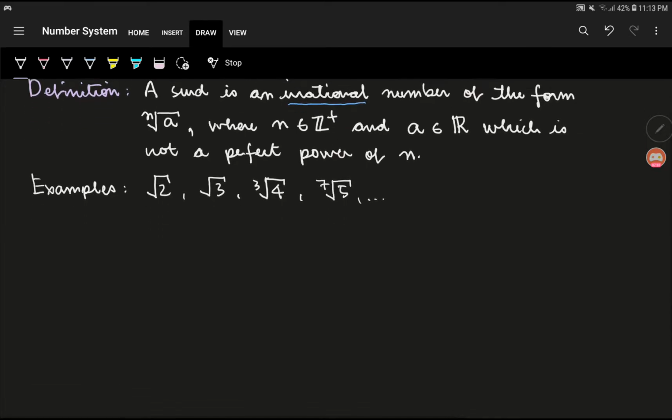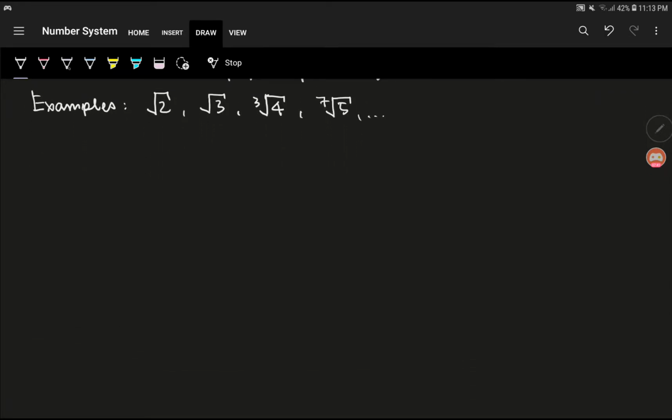So now we go into algebraic operations on surds.